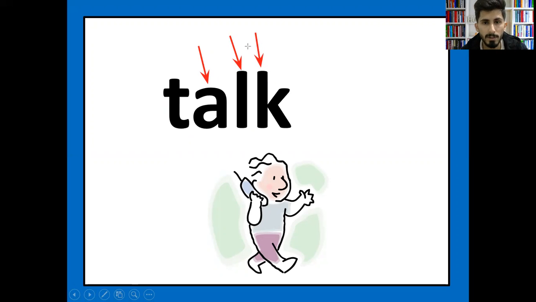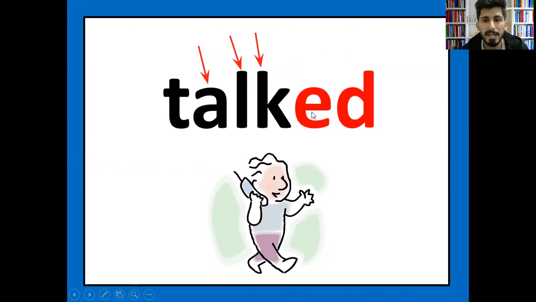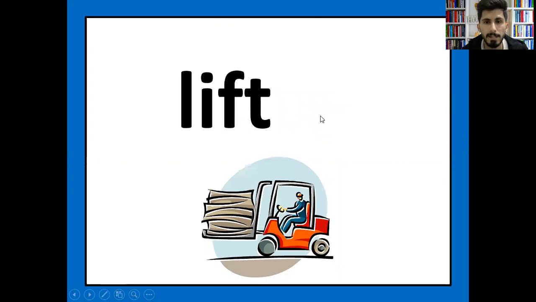So here, let's see what happens. Now look, we will just add ed, without duplicating the letter k. Okay, more. Alright, dear students. Next example is, look, lift. Here it's the same.